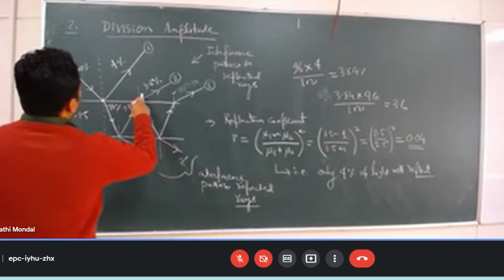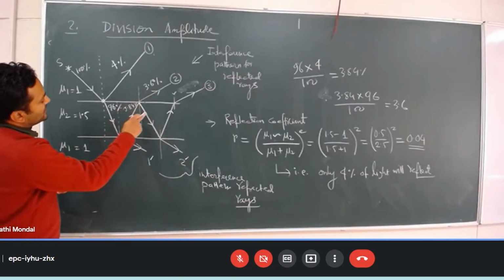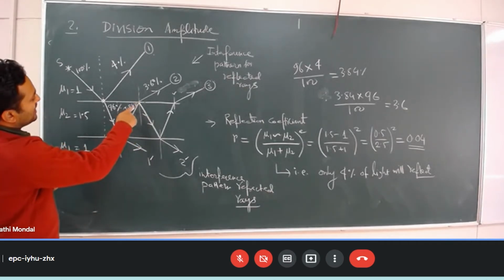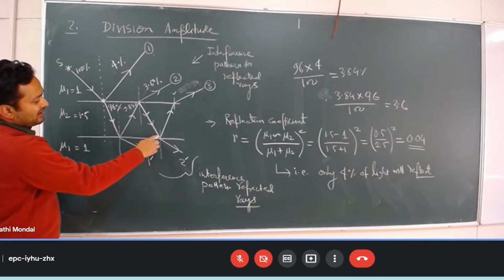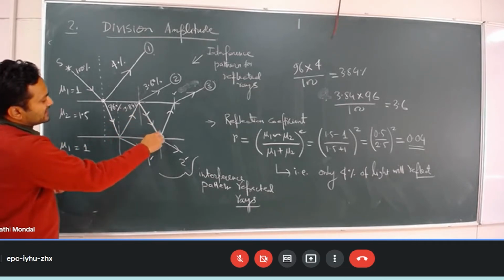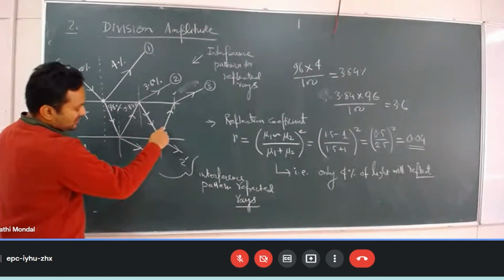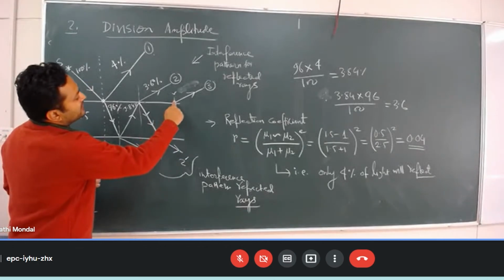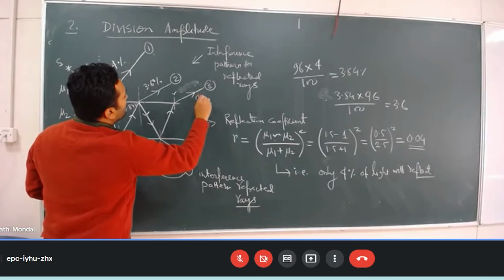This is 3.6% now. So 4% of 3.84 will come down here. Then 96% will refract here, and 4% will reflect. It will be very small, I think 0.1% or something.